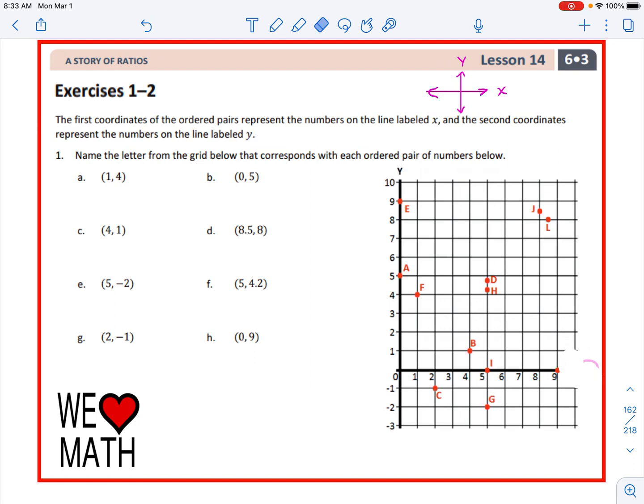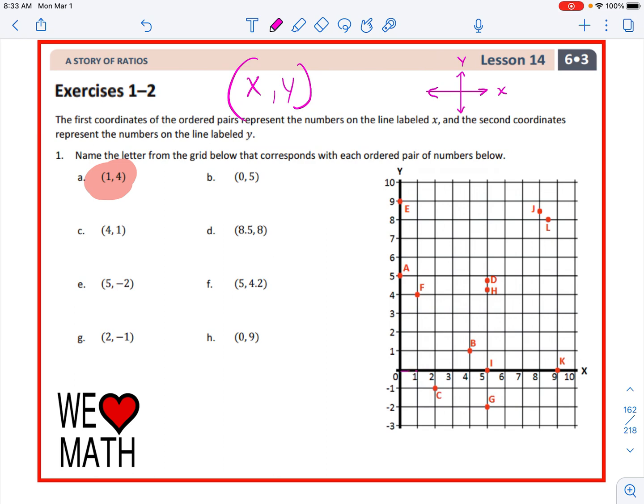The first one we have is 1 and 4. How we read this: the first number is X, the second number is Y. So first, you're going to go horizontally, 1 to the right, which is right here.